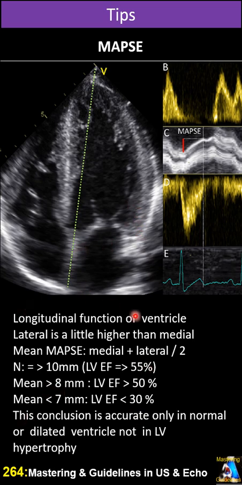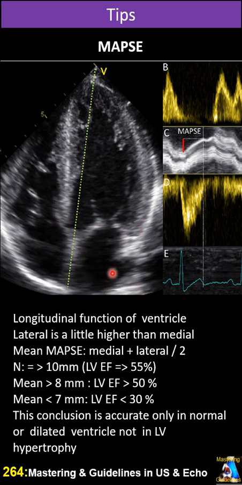We do it on the medial and lateral both. We measure, and then we measure mean MAPSE. If mean MAPSE is over 8 millimeter, most probably ejection fraction is normal, above 50%, and if it's below 7, ejection fraction has dropped. Just remember MAPSE and tissue Doppler on the annulus.